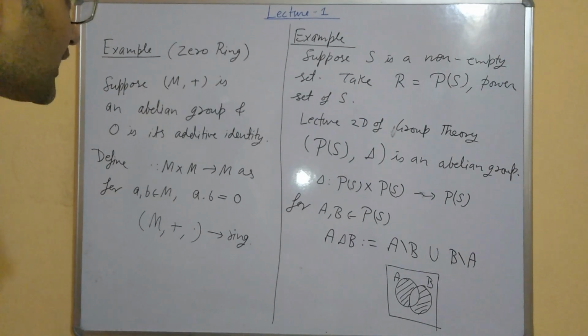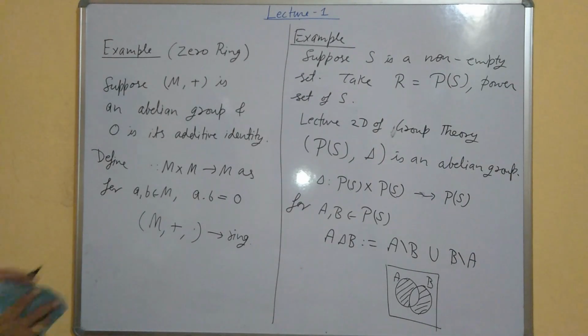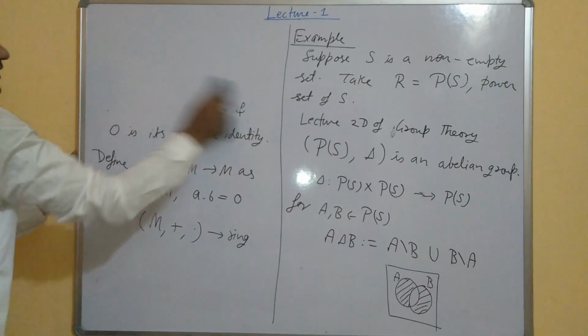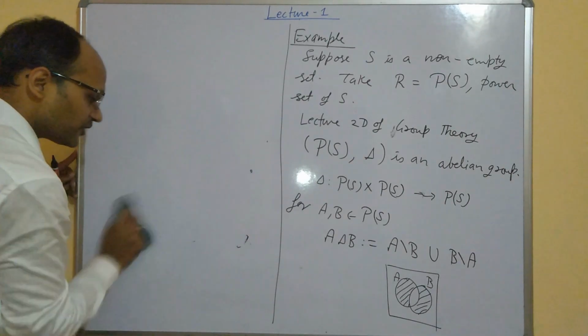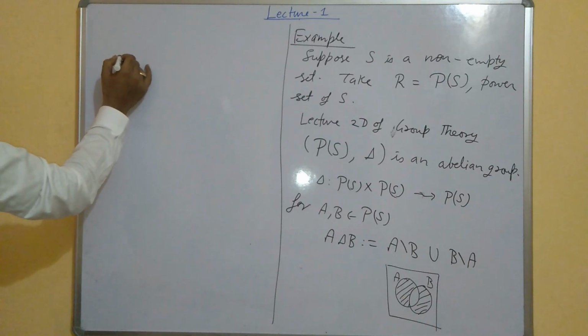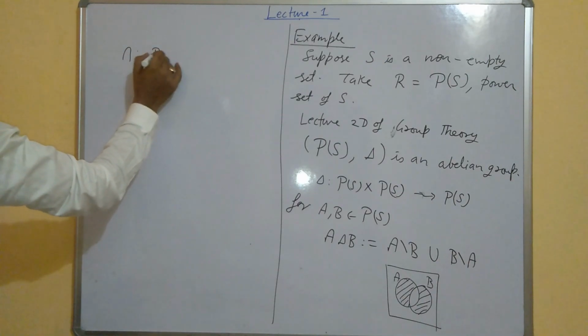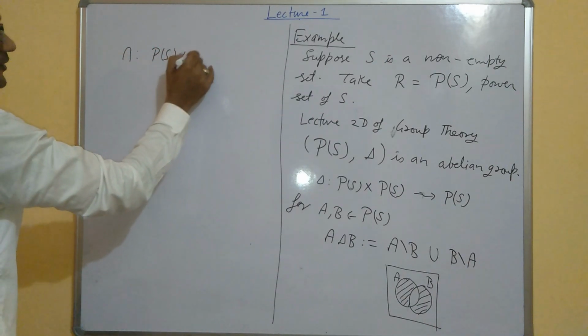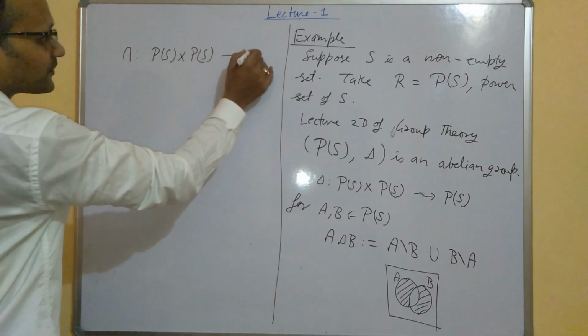Now for making it a ring, we need one more operation, and that operation is the intersection operation, from PS cross PS to PS.